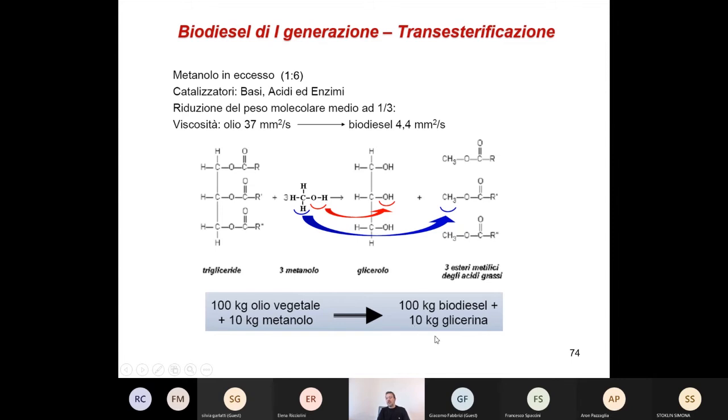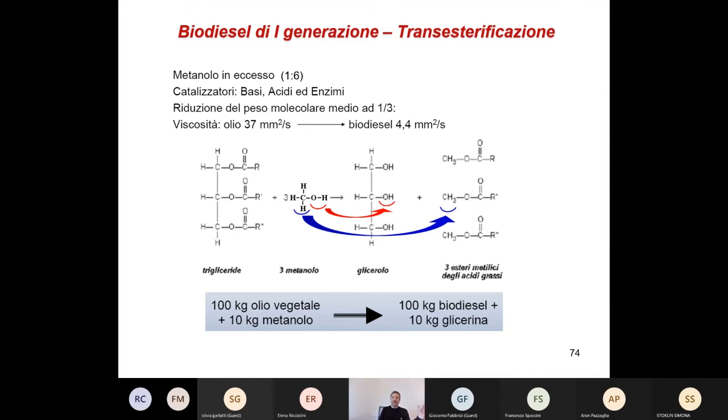fractions of products and co-products are obtained. So you have to think about how to provide methanol. For example, just to give you input in a circular economy way, can I produce methanol from biomass?